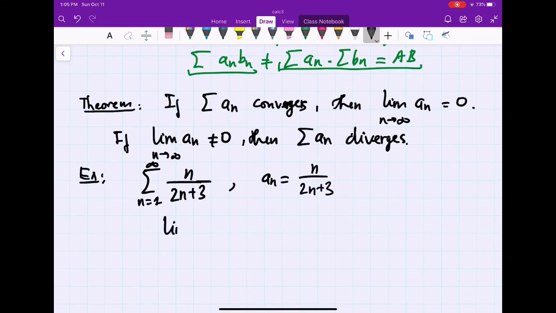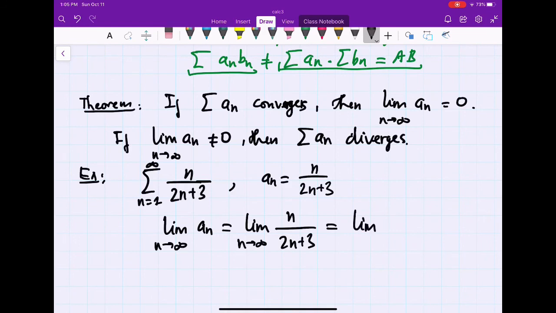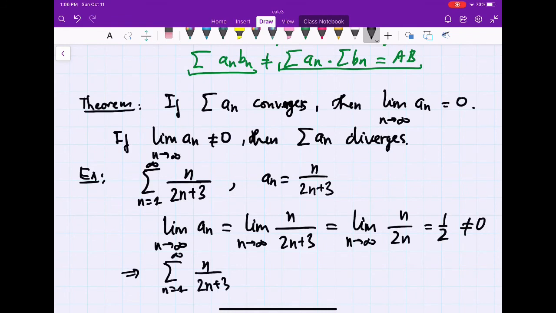The limit of an as n approaches infinity equals the limit of n over 2n plus 3, which is the limit of n over 2n, and that is 1 over 2, which is not 0. From here, we conclude that our series diverges.